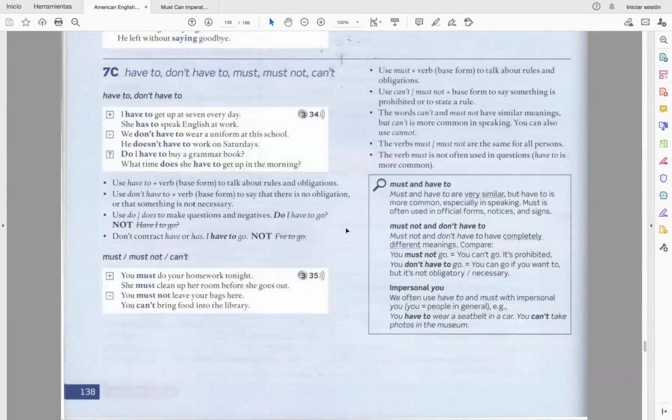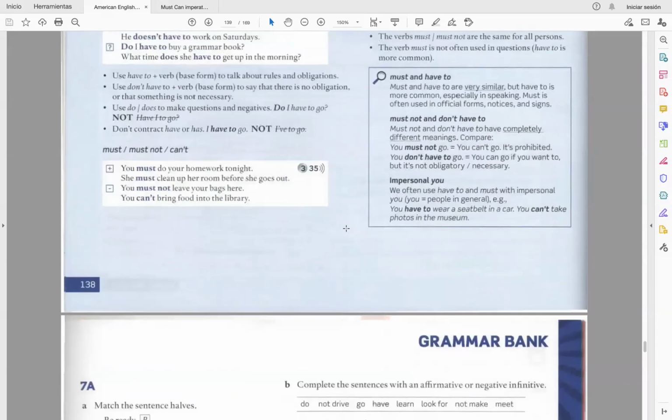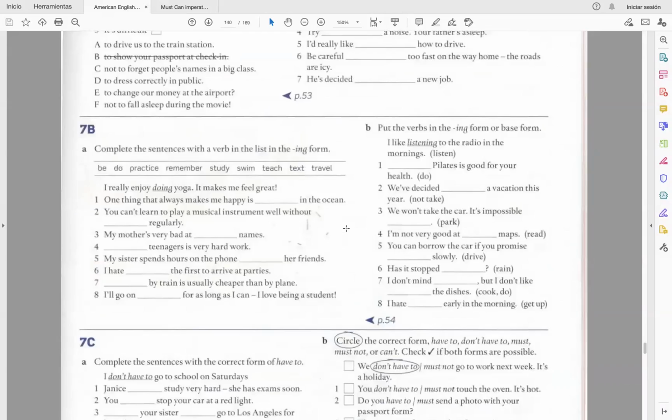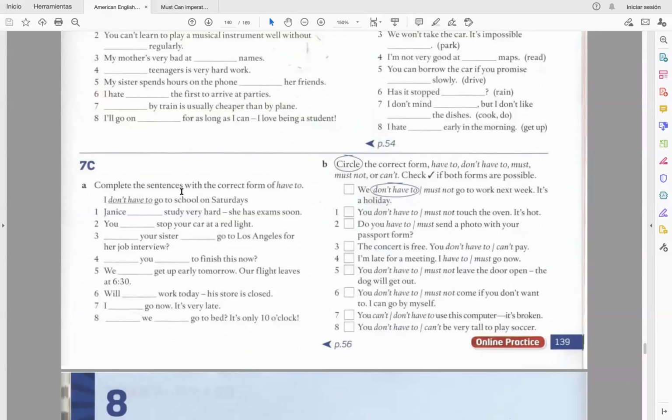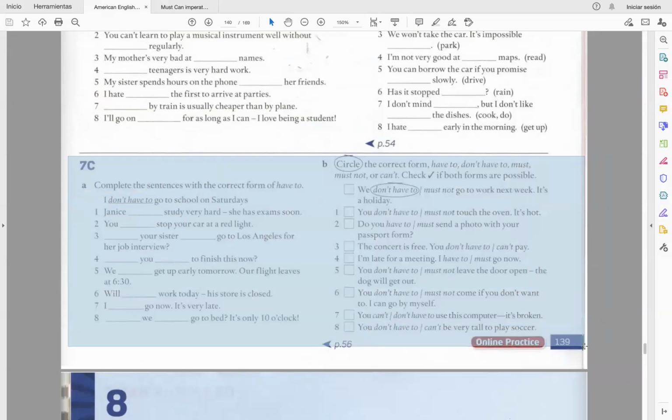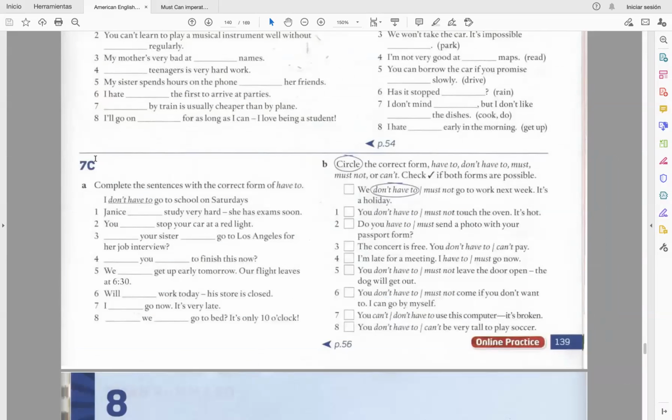And then you go to the next page, 139. Again, section 7C, okay, this one here. And you do activities A and B for next class, okay?